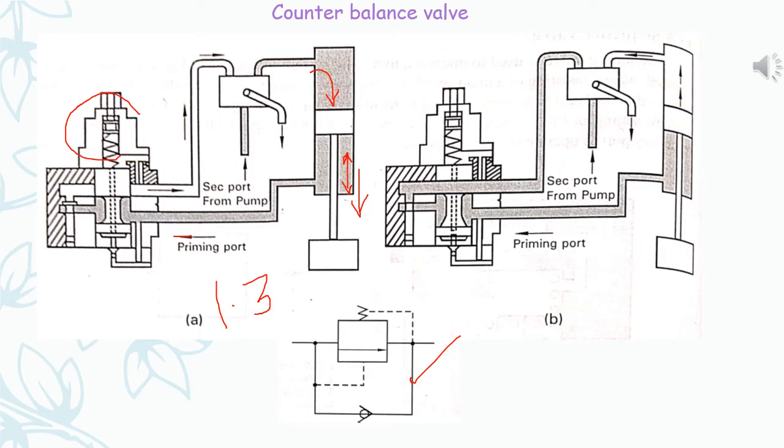Due to this, pressure at the primary port increases to raise the spool so that the load should not fall under gravity, by opening the counterbalance valve. Hence, oil flows through the secondary port to the direction control valves and back to the tank.